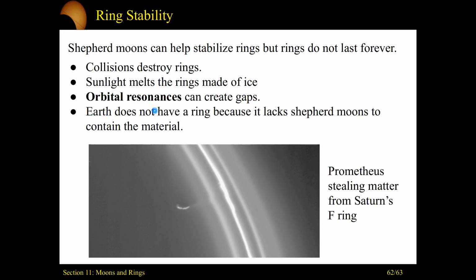A planet like Earth, terrestrial, we will not have these rings because we lack any shepherd moons that can house the material, keep them in place, keep them on their resonances, and keep replacing that material. Think back to Enceladus earlier in this section, how Enceladus geysers are venting water and gas into the rings of Saturn. There's something there to help support its existence.